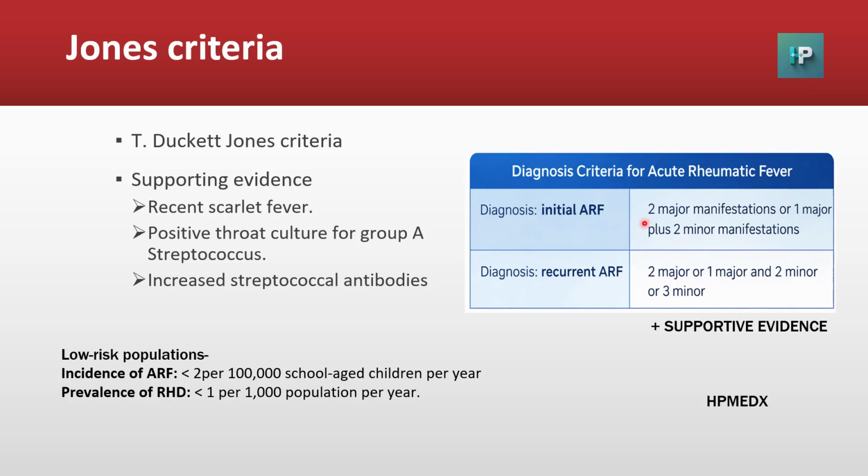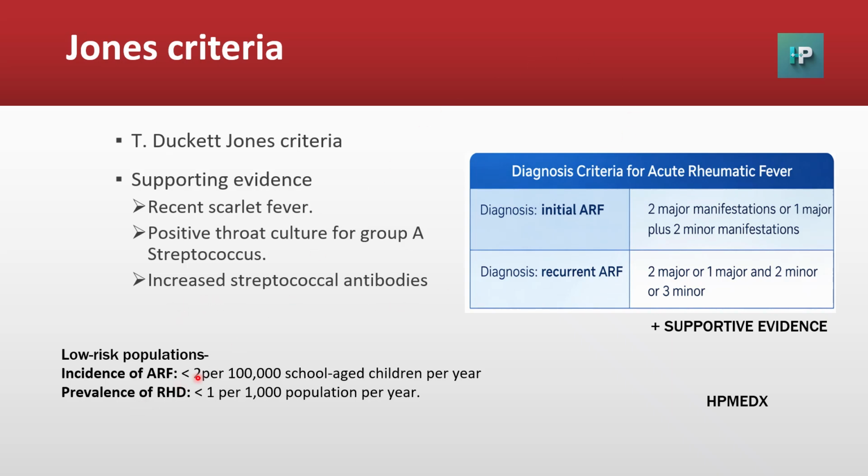Here, the main and important exam-wise topic is the Jones criteria. It is named after T. Duckett Jones, and these are the supportive evidence like scarlet fever, positive throat culture, and increased antibodies.